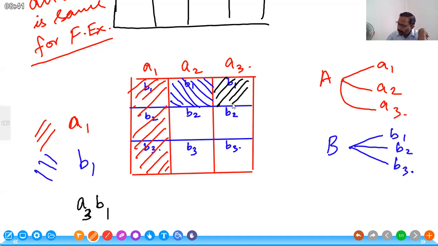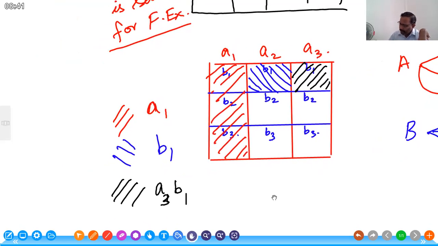This area. So A3 and B1 is that area. Now tell me, how many plot sizes are there for A1, A2, A3, and B1, B2, B3? Are the plot sizes the same?